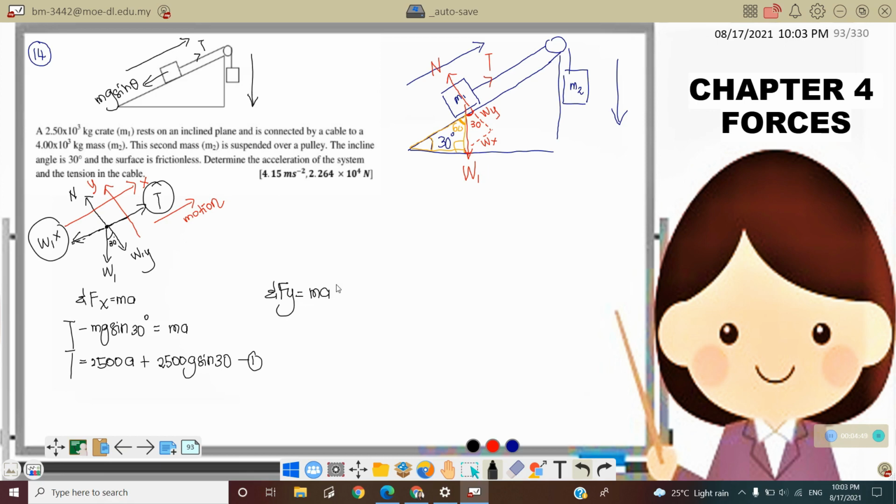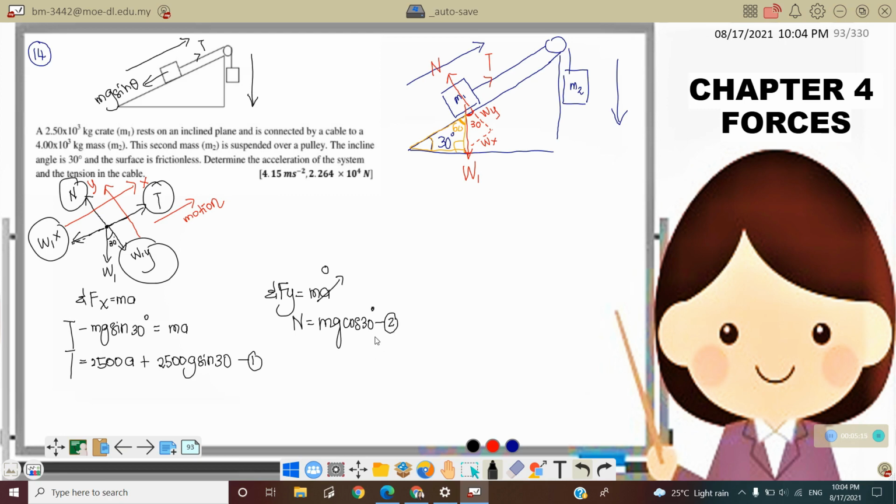Since there's no motion, the resultant force for the y component is 0 because it's static, balanced. So our normal force for this case equals the weight y component, which we can write as mg cos 30. This is our second equation.